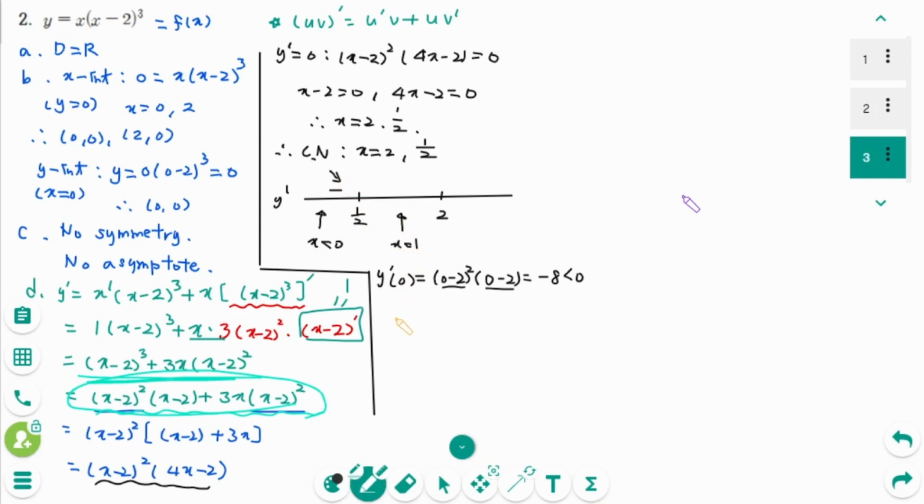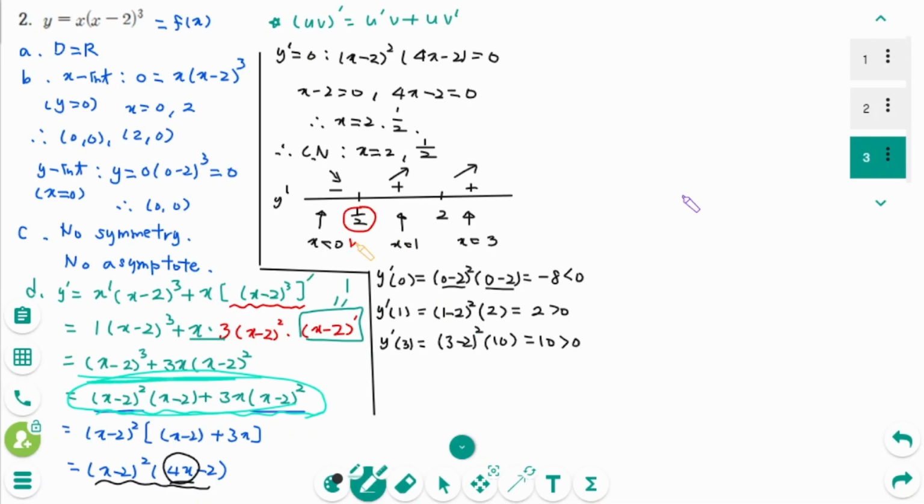When the testing number is 1, y prime of 1 equals (1 minus 2) squared times (4 times 1 minus 2), which is 2. When the testing number is 3, y prime of 3 equals (3 minus 2) squared times (3 times 4 is 12, minus 2 is 10). Answer is 10, which is positive.